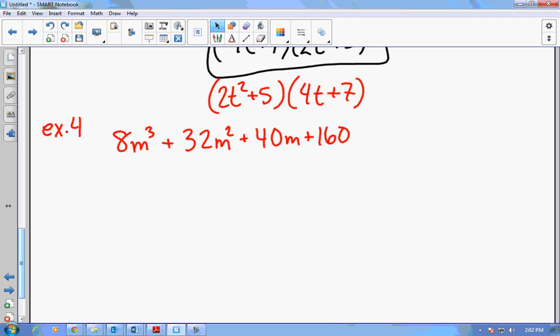There's a greatest common factor you have to pull out at the very beginning, though. What divides into 8, 32, 40, and 160? 2 works, but there's a greater one. Yeah. Does 8 go into those? I think 8 goes into it. Good job. We have a winner!